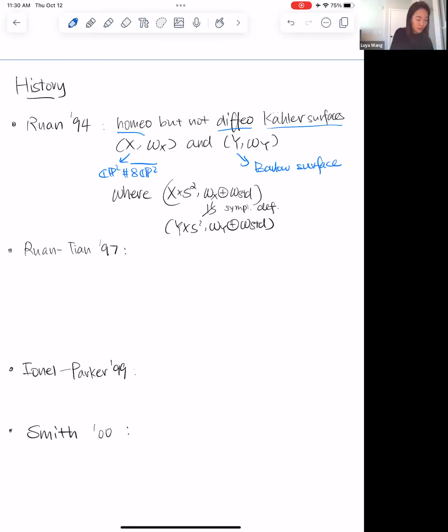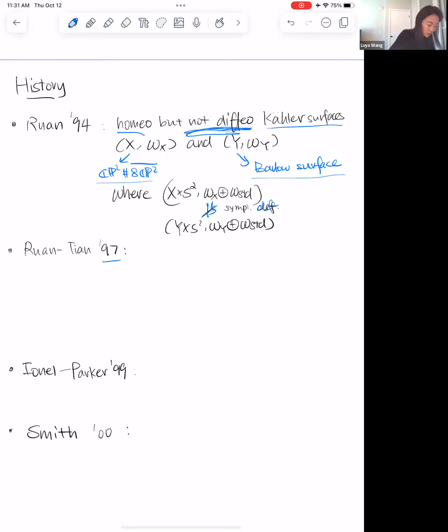He showed that these are non-diffeomorphic four-manifolds, and that when you take the product with S2, when you stabilize them, they remain non-deformation equivalent. Okay, so this is supporting the Donaldson question.